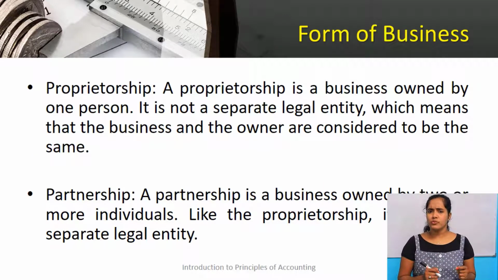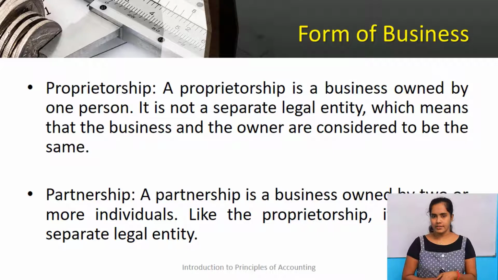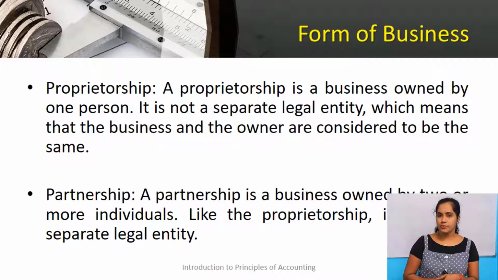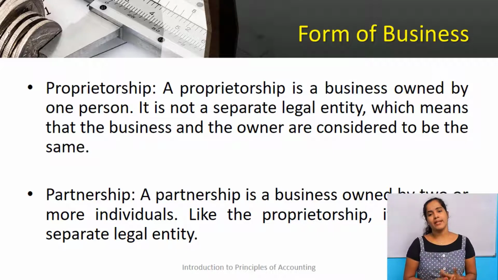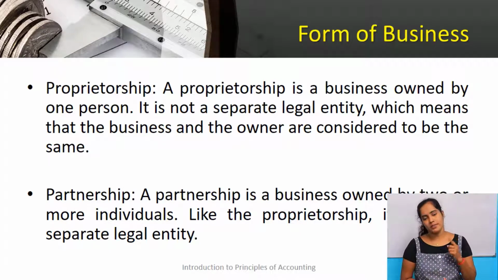So let's move to the types of business. Business can be categorized into proprietorship, partnership, and companies. Let's see one by one. The first one is proprietorship. A proprietorship is a business owned by one person.